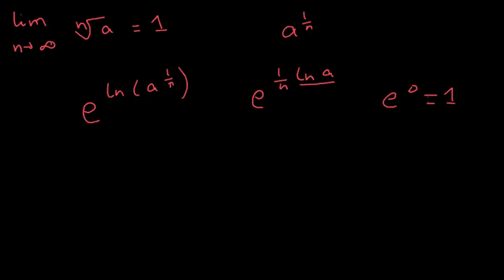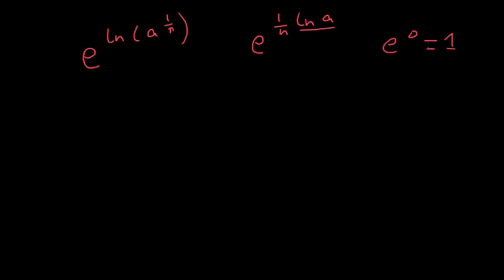The next question I'm going to give you could be quite hard to digest, but I'll try to explain it in the best possible way I can. Limit as n tends to infinity of the nth root of n, this tends to 1. I'm not going to make you guess it.